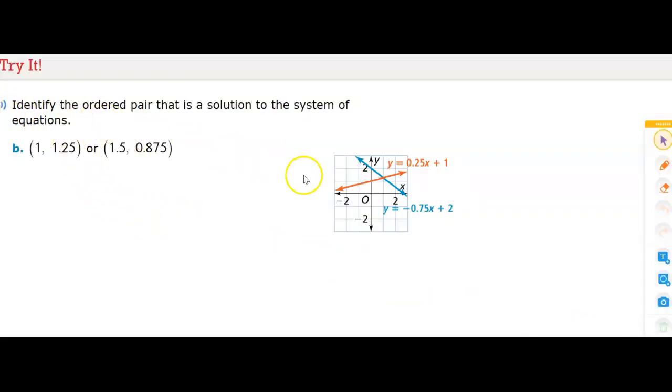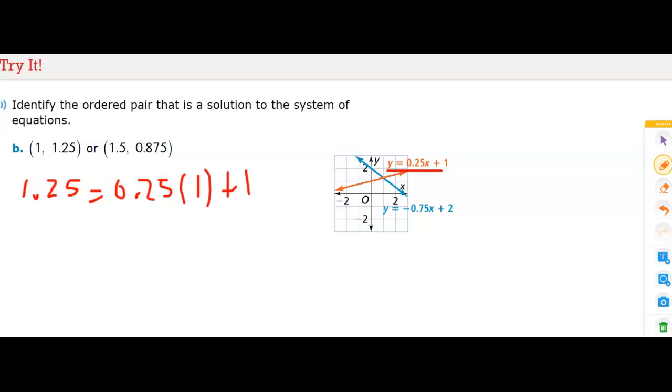Identify the ordered pair that is a solution to the system of equations. So we do the same thing we did with the last one. We're going to take the first equation in the orange. I'll do that one. So I'm going to take my first ordered pair. 1.25 is equal to 0.25 times 1 plus 1.